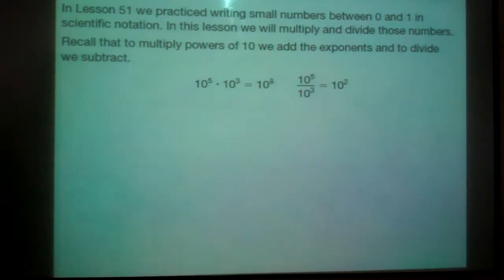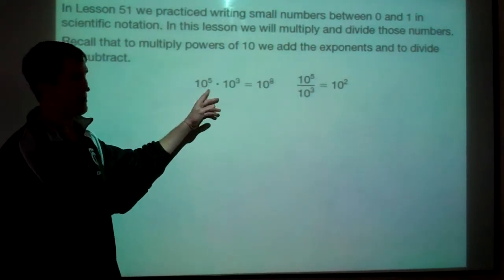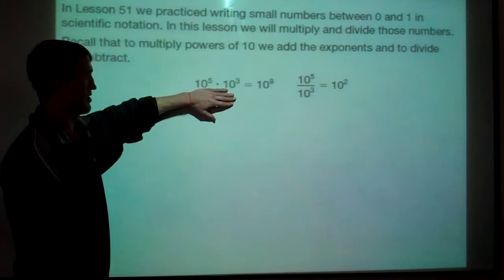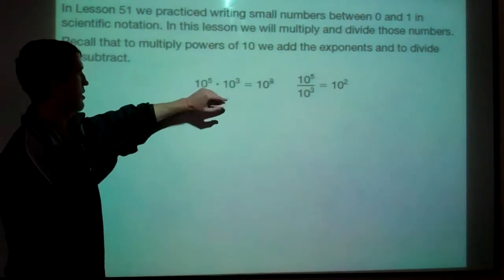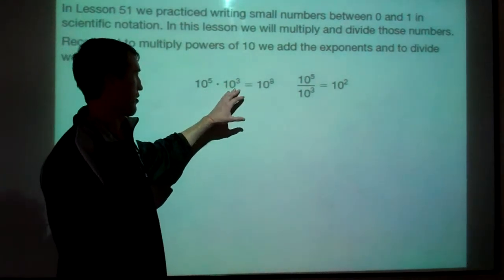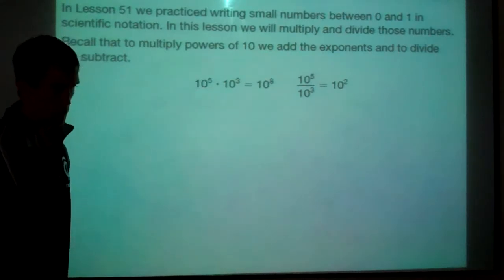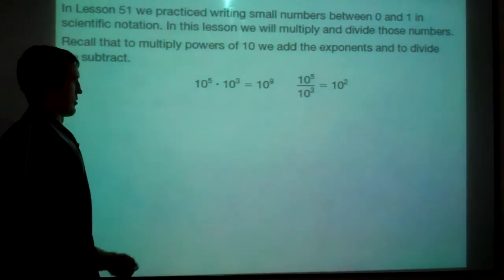Alright, so we had a rule saying that if we were multiplying and we had the same base, so 10 would be our base here, we could just add our exponents together. So 10 to the 5th times 10 to the 3rd gave us 10 to the 8th. And if we don't remember why, you could write this out the long way.